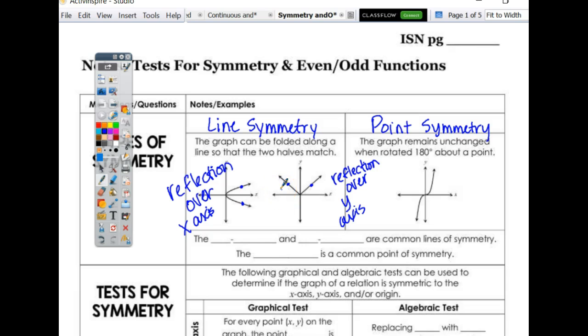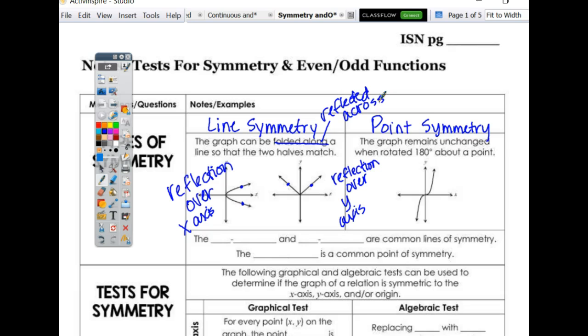The x changes this time. So, where it says the graph can be folded, okay, so that's true, right? We can fold it, but what you're actually saying is when it's reflected across the x-axis or reflected across the y-axis.